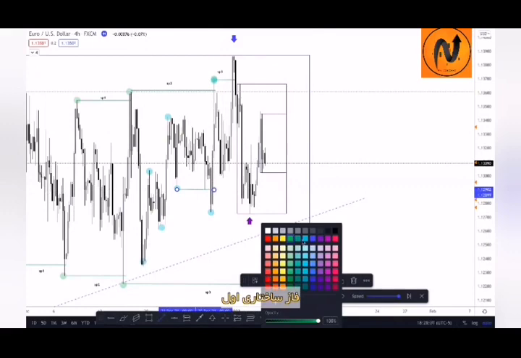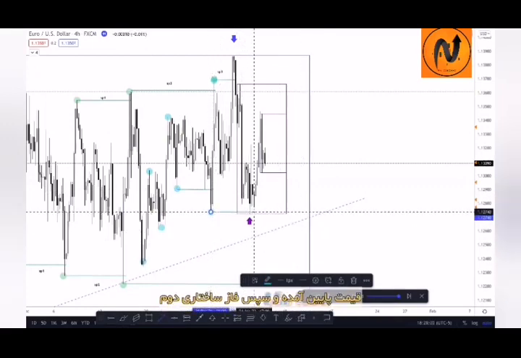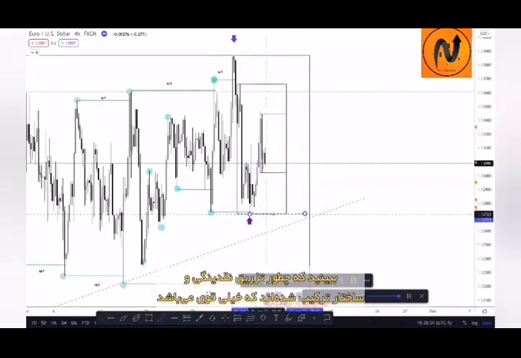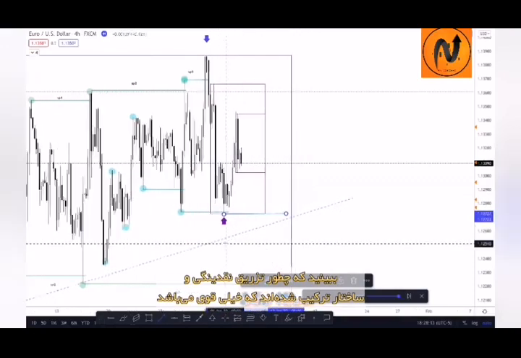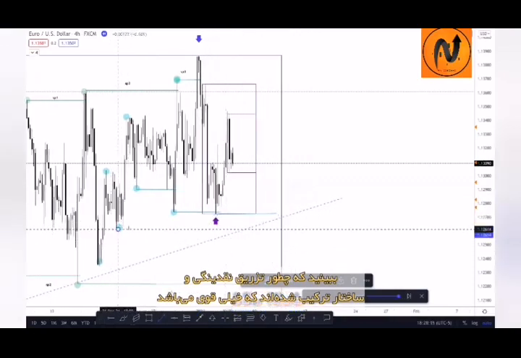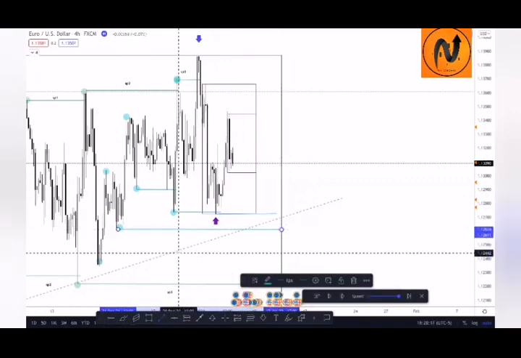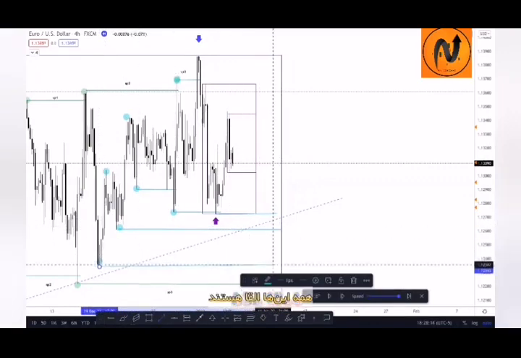Structural phase 1, we move down here. Structural phase 2, structural phase 3. See how the injection and the structure are combining? That is a very powerful low. These are all inducements.